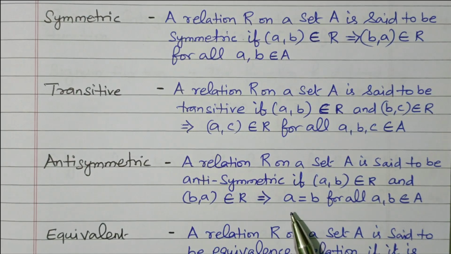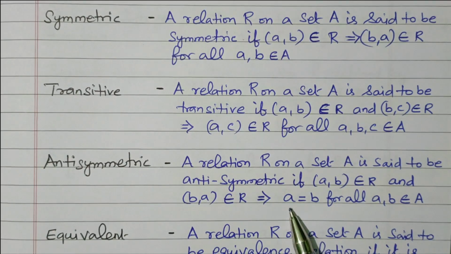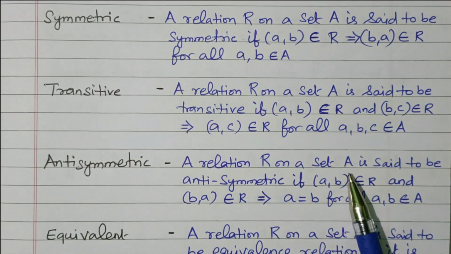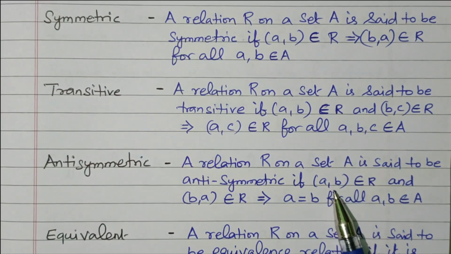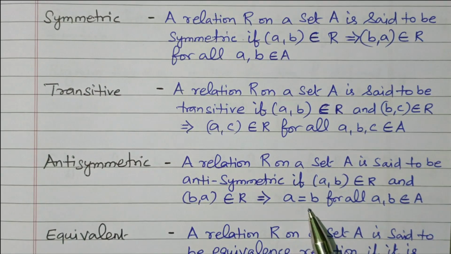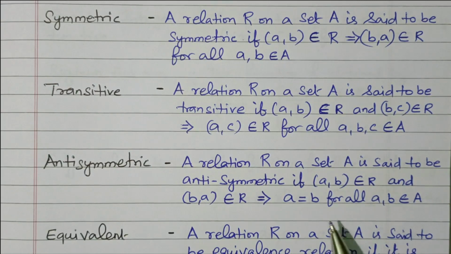Symmetric means only (A, B) in R, but here A equals B. For a set A, (A, B) in R, (B, A) in R and also A equal to B, then it is called anti-symmetry, right?